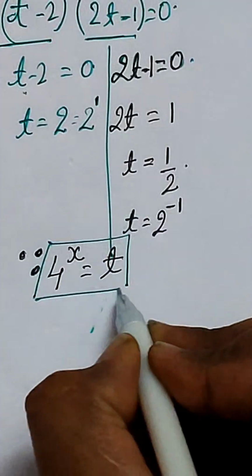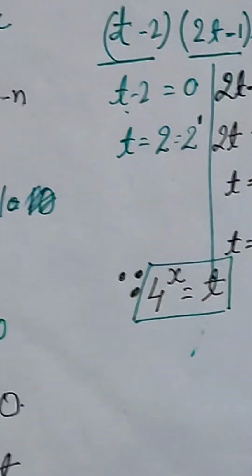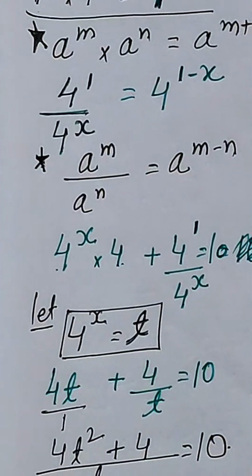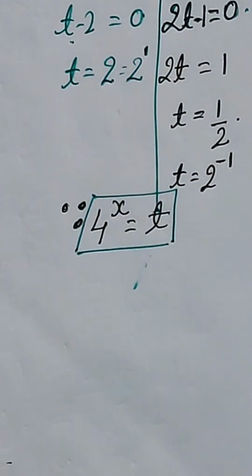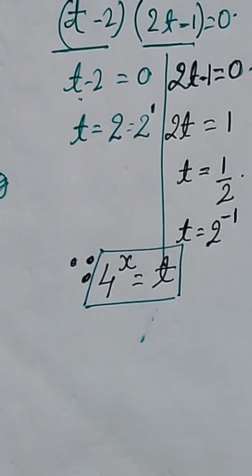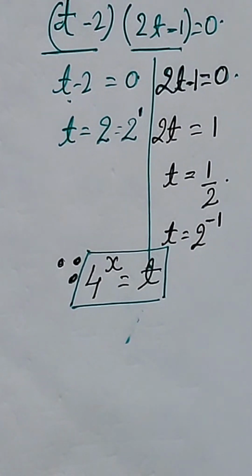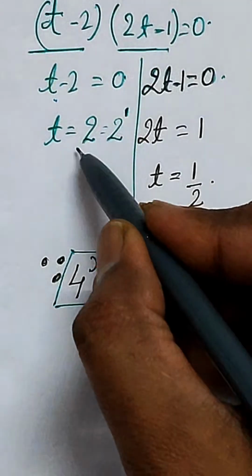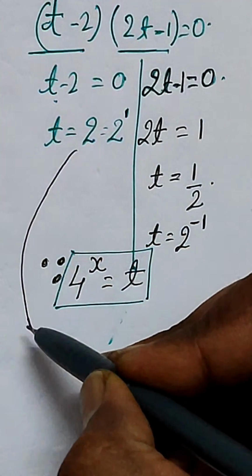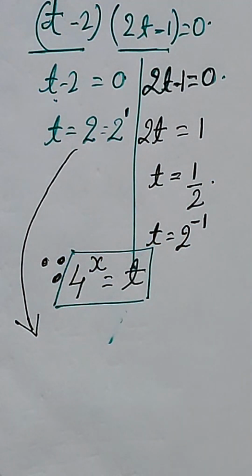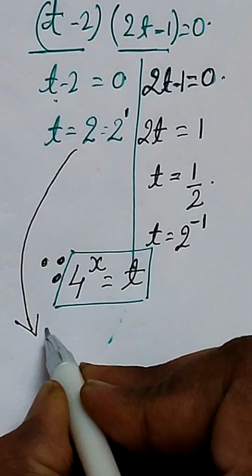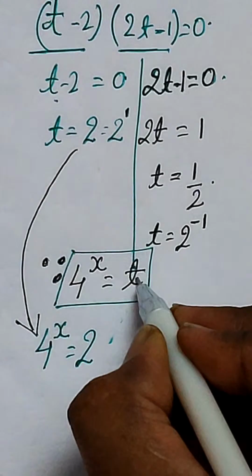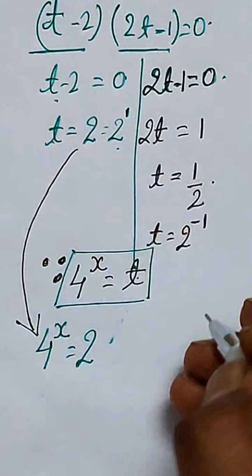Since 4 power x equals t, we can say 4 power x equal to 2, because the value of t is calculated as 2.